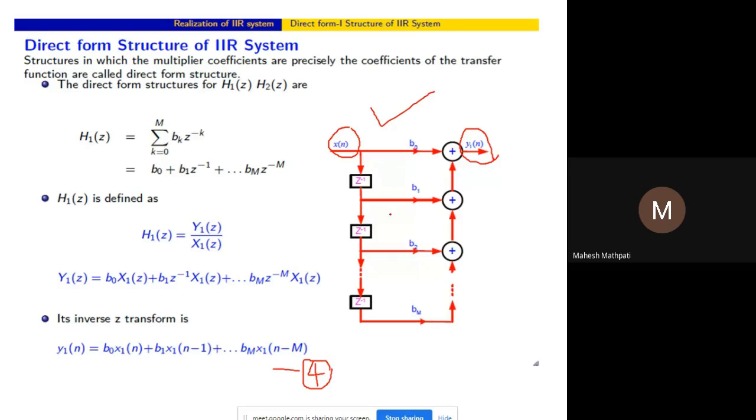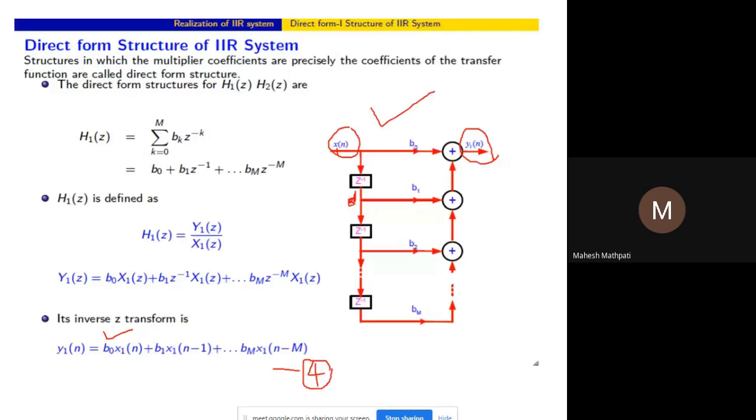So first what we require is b0 x1 of n. So here the output is b0 x of n, right? If you want, you can write it as x1 of n here. So b0 x1 of n. Then if I pass this x1 of n through this delay, that is z inverse, what will be the term at this point?